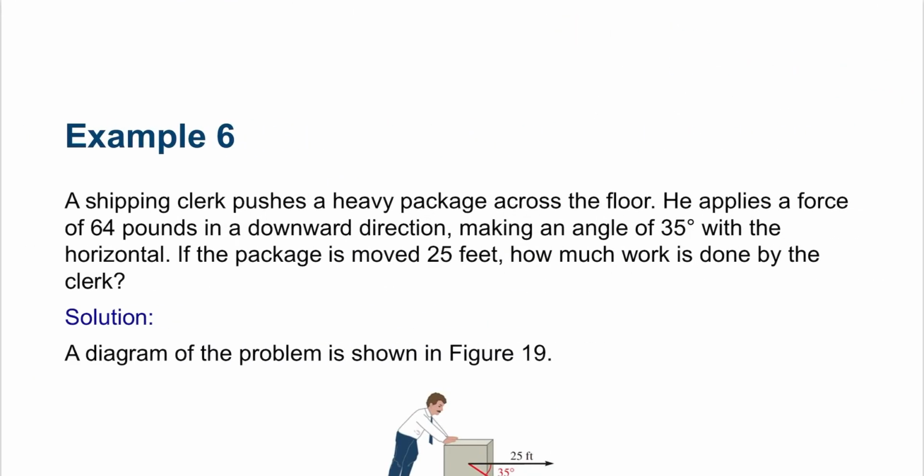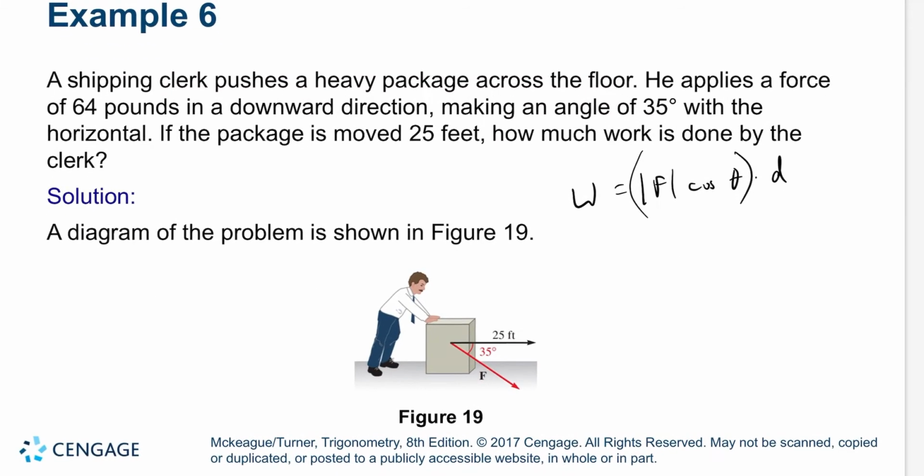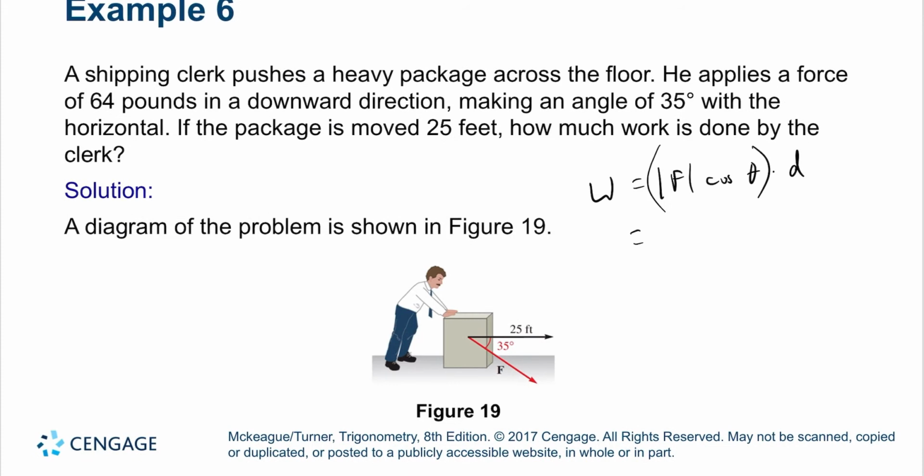W is equal to the magnitude of F times cosine of theta times the distance the object moves. So in this case, the magnitude of force is 64 pounds. The angle is 35 degrees made by the horizontal line and the direction of the force vector.